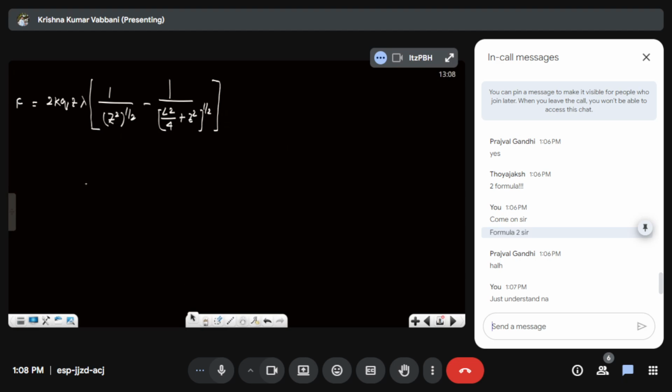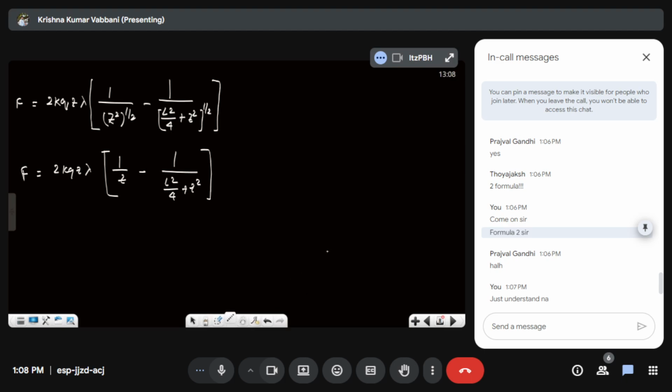Okay, so let's now solve this. And 2kq z lambda, so this is nothing but 1 by z. And how can we write this? This is 1 by square root of L square by 4 plus z square. That's it.